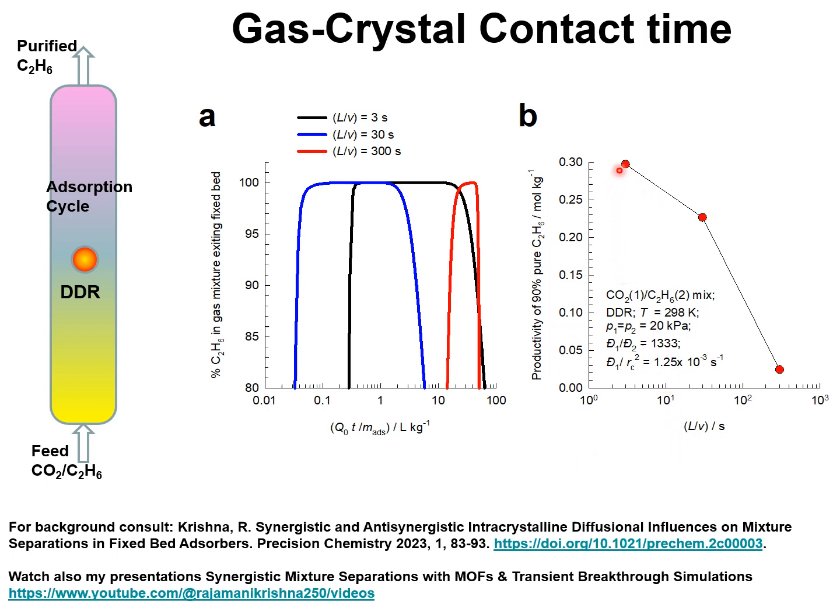So long contact times implies closer approach to equilibrium and less effective kinetic separations. So kinetic separations are more effective with larger crystallite sizes and shorter contact times.